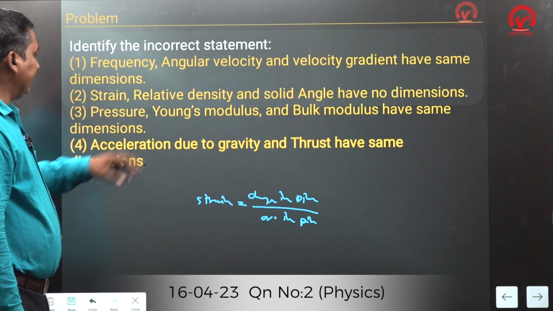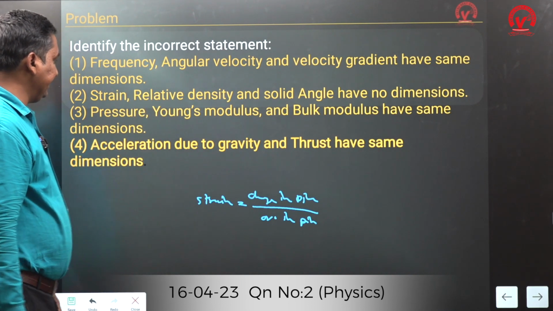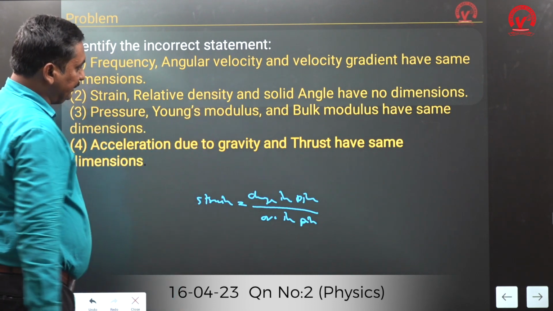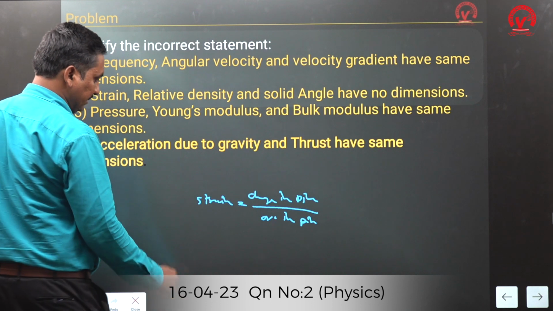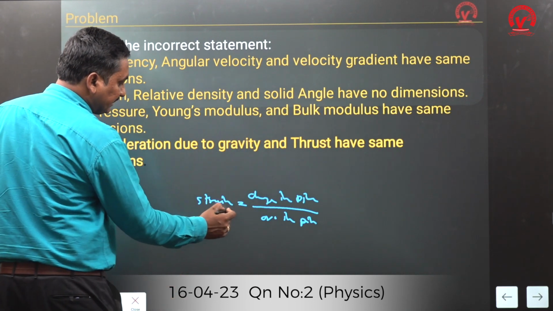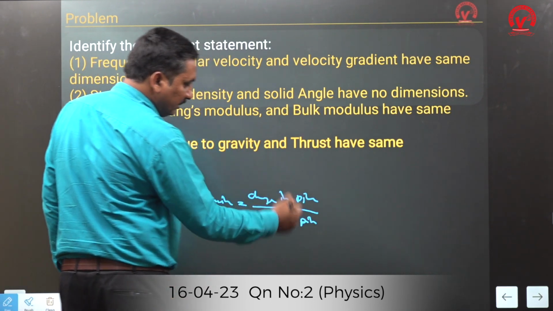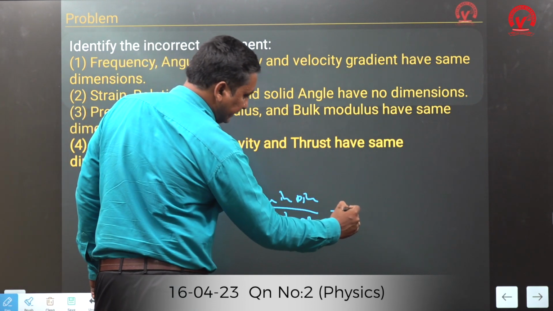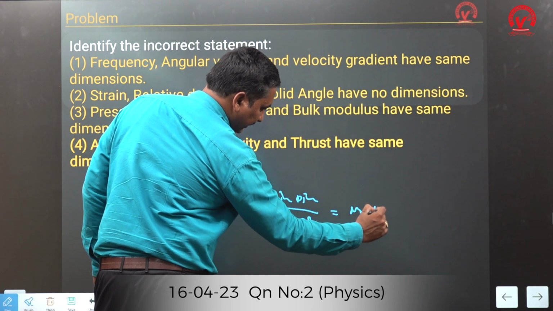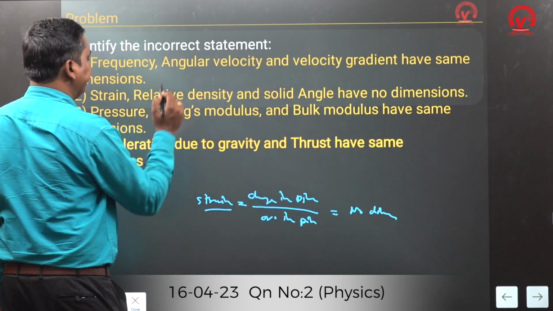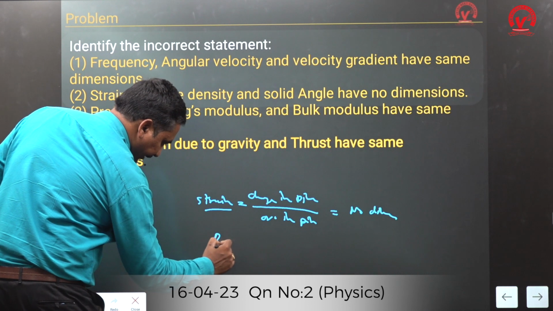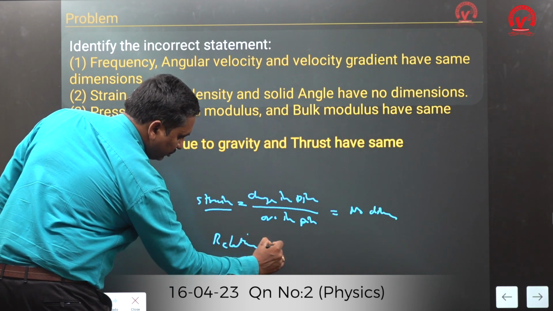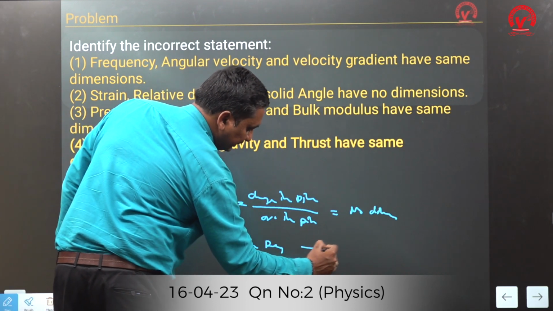So strain has no dimensions, because numerator and denominator have the same parameters. And next, relative density also has no dimensions, because density is a ratio, a density ratio.